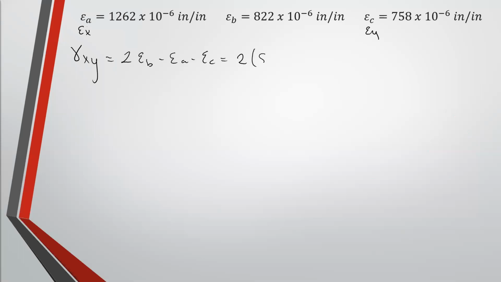We have 2 times 822 times 10 to the negative 6 minus 1262 times 10 to the negative 6 minus 758 times 10 to the negative 6. So that gives us a strain of negative 376 times 10 to the negative 6, and that's going to be inch per inch.